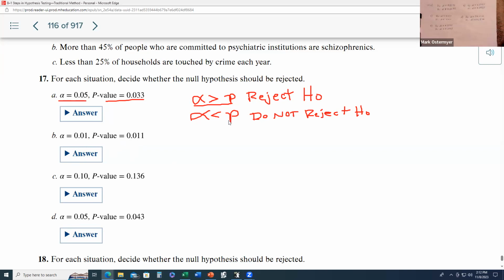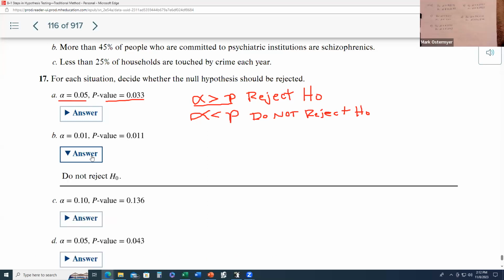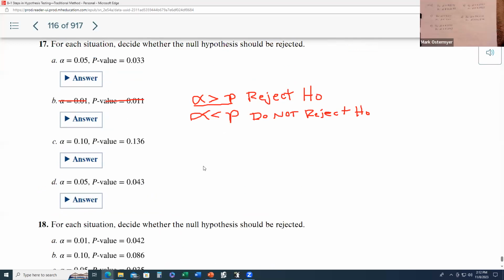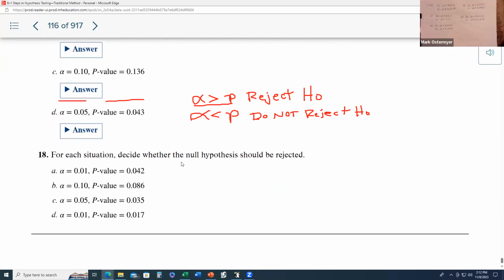And because our p-value 0.011 is greater than our level of significance alpha, which is 0.01, we do not reject the null hypothesis. All right. And so that's basically what's going on here.